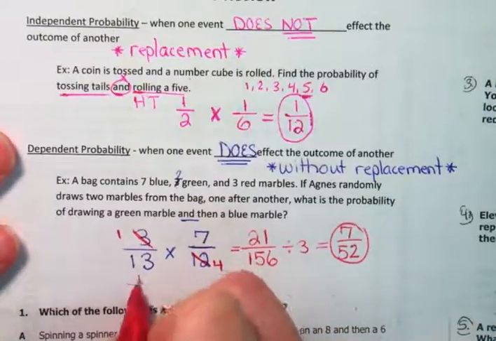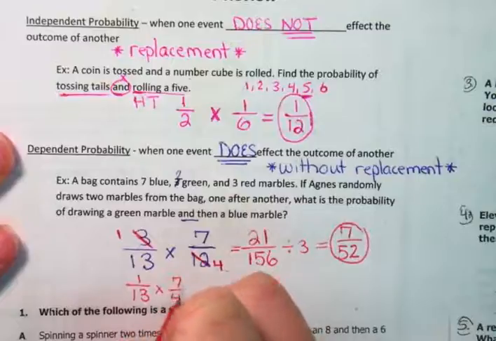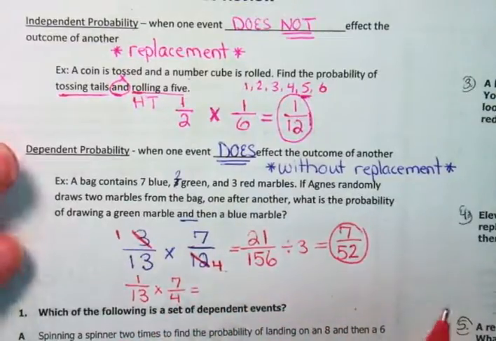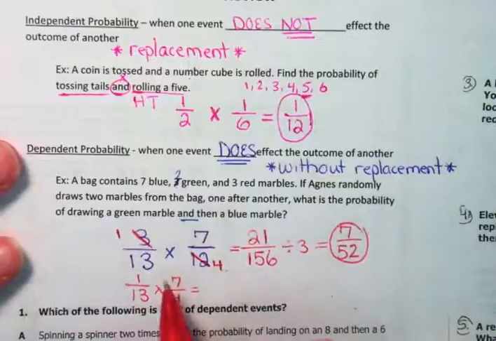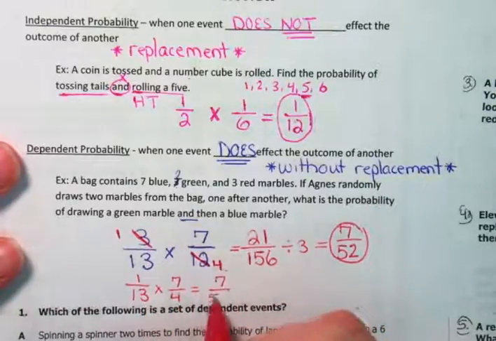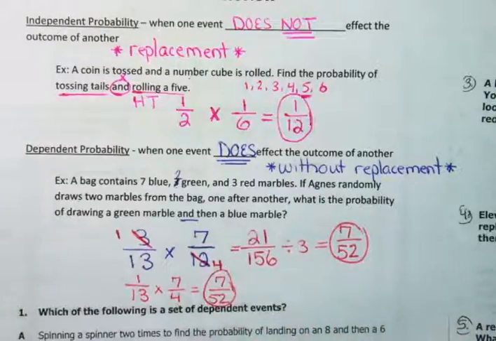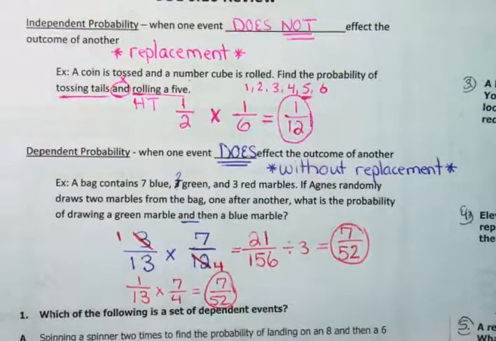So now when I go to multiply, I would multiply 1/13 times 7/4, which improper is okay, as long as it's not your final answer. 1 times 7 would be 7. 13 times 4 would be 52. So you get the same answer either way, it just saves us having to do this big simplifying in the middle if you simplify at the beginning first.